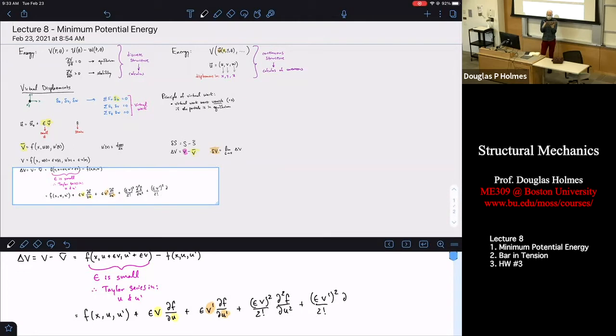Same thing. I'm going to write this more clearly. This is u prime, and that's the second derivative with respect to u prime. However, we're not done. Second derivatives have a cross term, right?